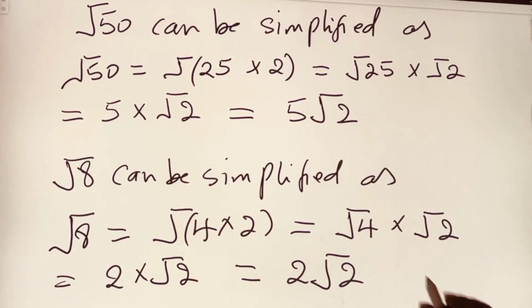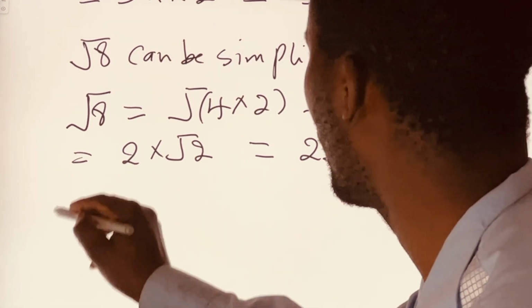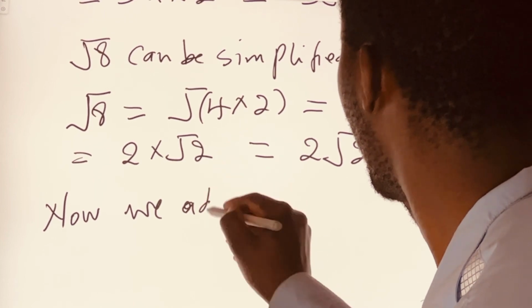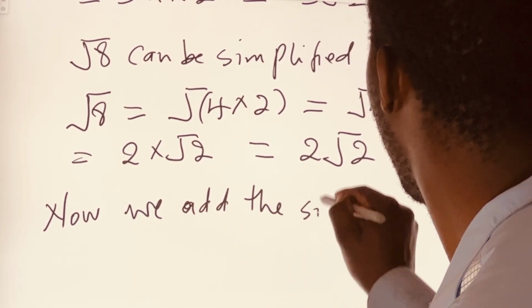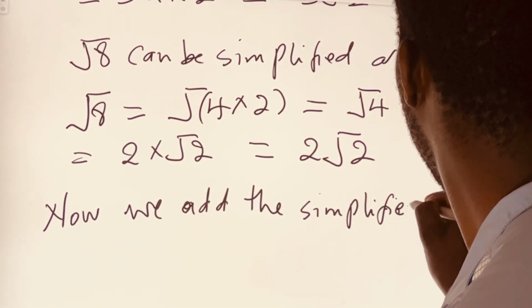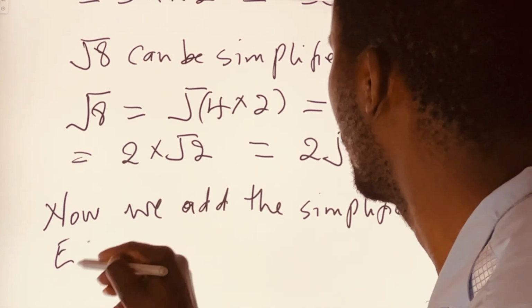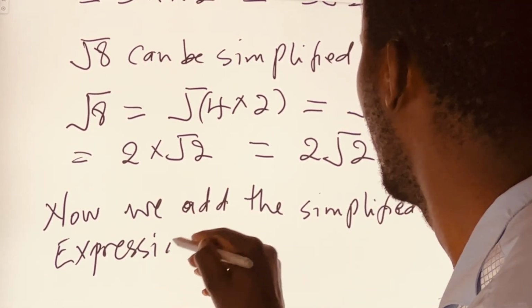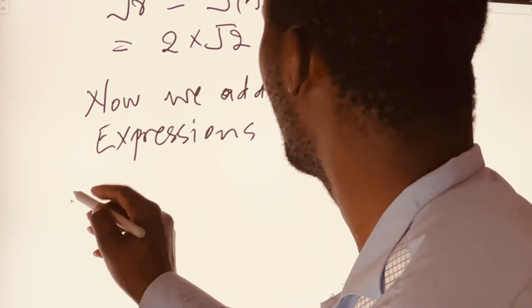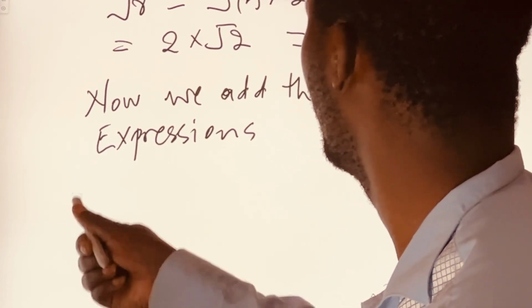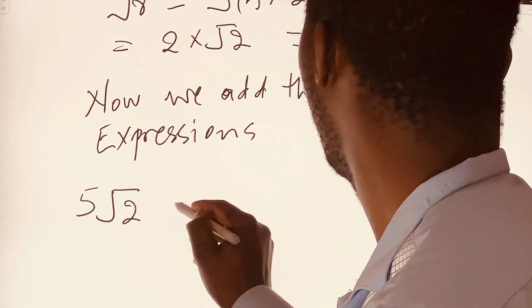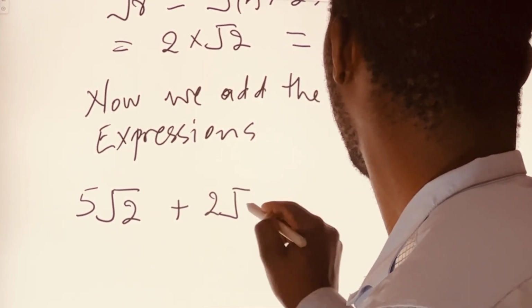Now we can add the simplified expressions. So this is going to be 5 square root of 2 plus 2 square root of 2.